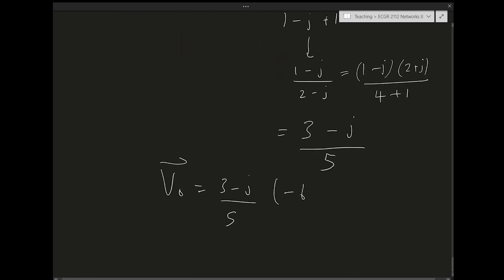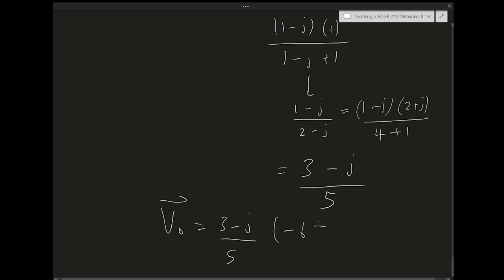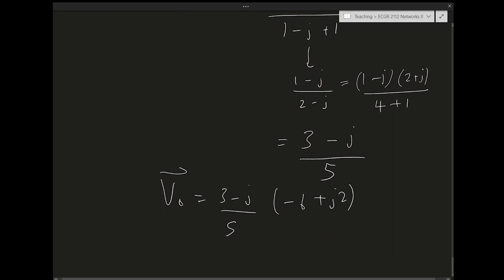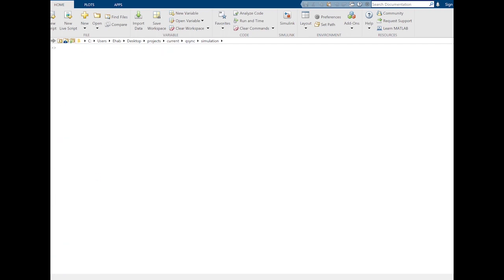So this is going to be minus 6 plus J2. Let me use MATLAB as a calculator to calculate this. Let me clear the screen. So 3 minus J divided by 5 multiplied by minus 6 plus 2J. Let me call this VO.